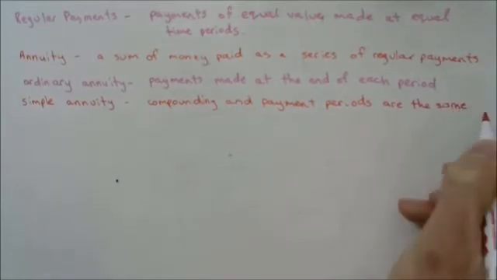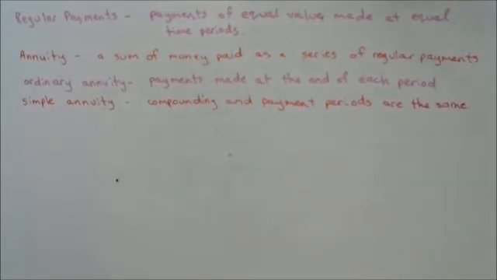So that one's pretty easy to understand. If you have an investment and you're making regular payments and the compounding period is, let's say, monthly for 5 years, so 60 compounding periods, you're also going to make a regular payment 60 times.